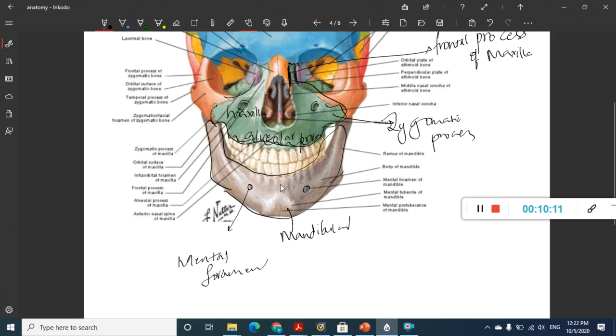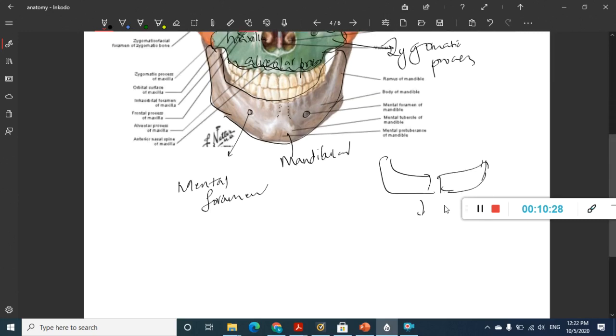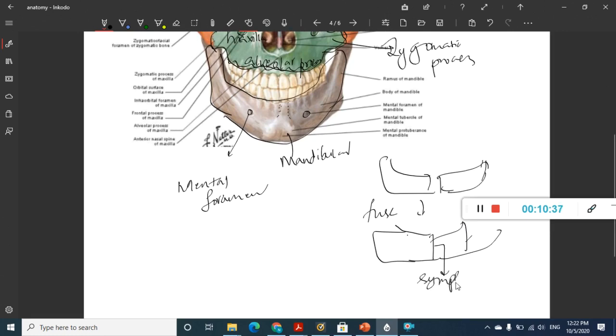Then if you see, you have this sort of ridge. What is this called? This is the meeting point of two mandibles. Actually, during development, these mandibles develop as two different bones, and they fuse together to form one mandible, which you are seeing here. This fusion point is called the symphysis menti.